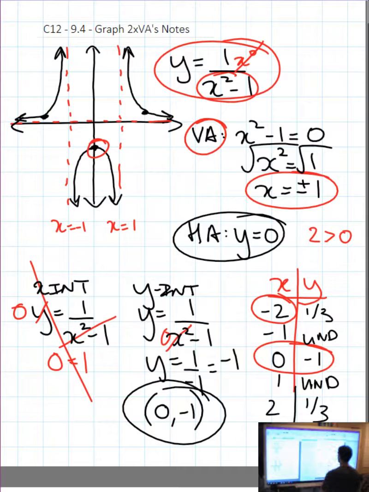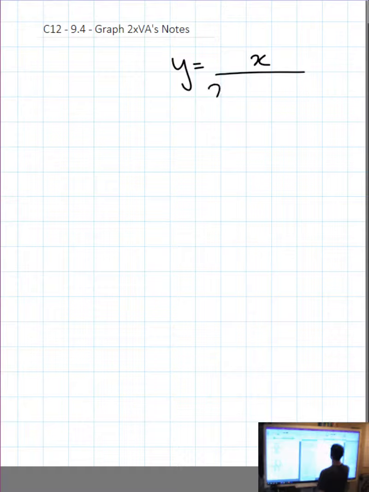Let's now take a look at how you can cross a horizontal asymptote. So, multiple asymptotes. Now let's see another equation. y equals x over x squared minus 2x minus 3.